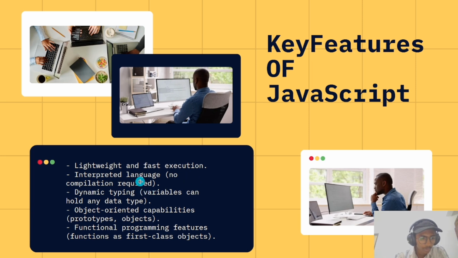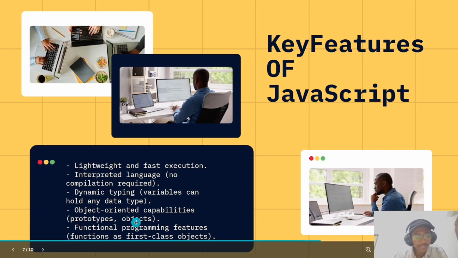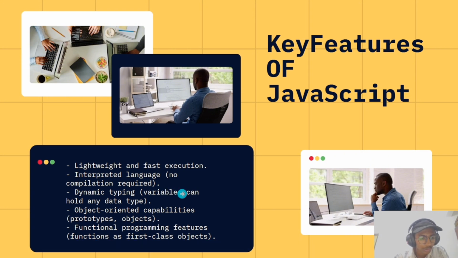Interpreted means no compilation step, it runs immediately. Dynamic typing: variables can store any type of value. Object-oriented: uses prototypes and objects for code reuse. Functional programming support: functions can be stored in variables, passed as arguments, and returned from other functions.